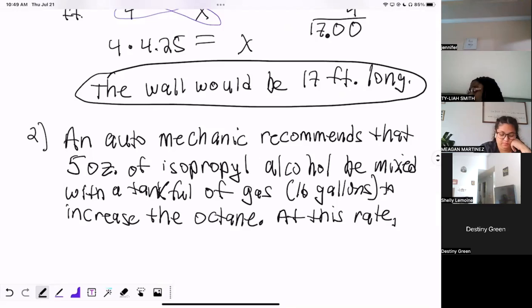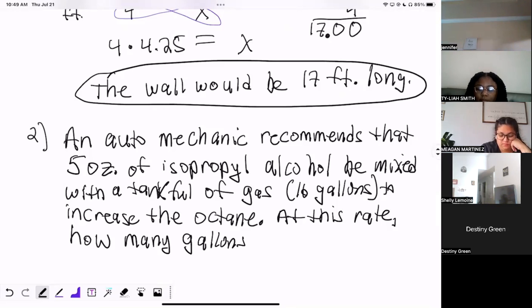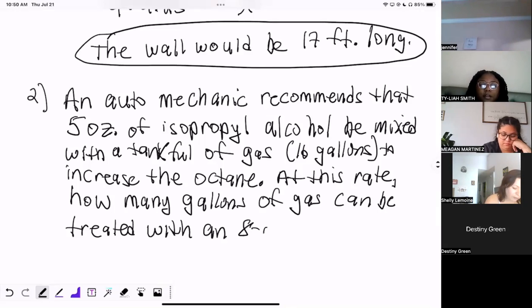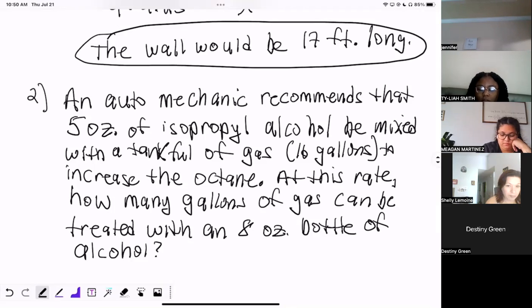At this rate, how many gallons of gas can be treated with an 8 ounce bottle of alcohol? Long one.